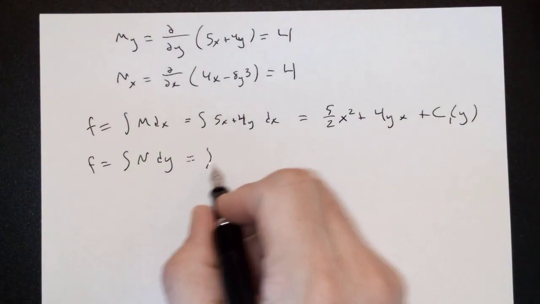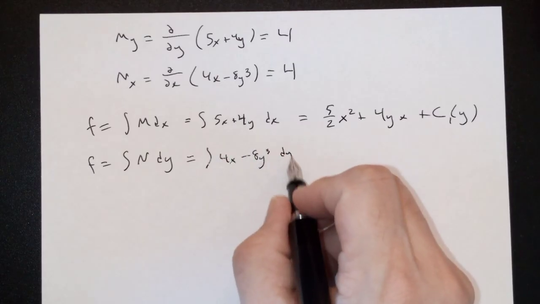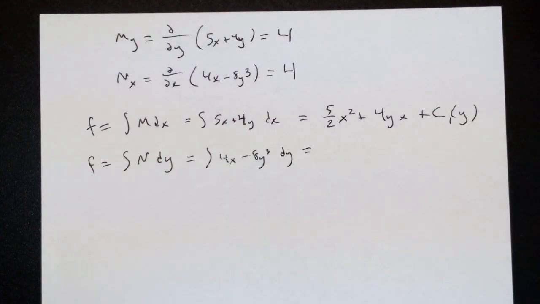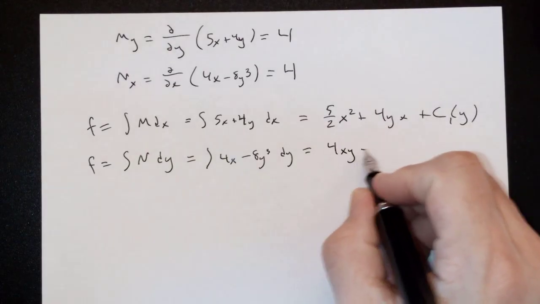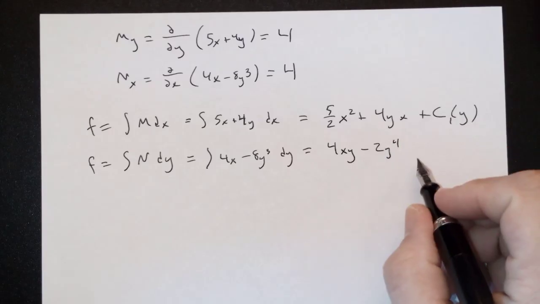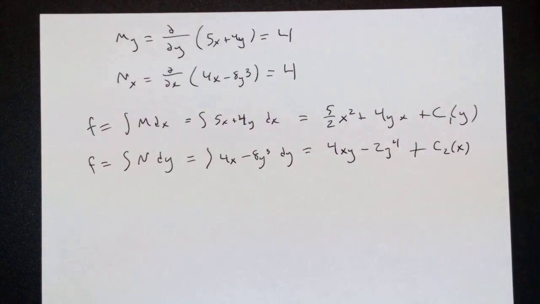To do the integral of N, it's the integral of 4x minus 8y cubed dy. I get minus 2y to the fourth, plus some constant that might have x's in it.